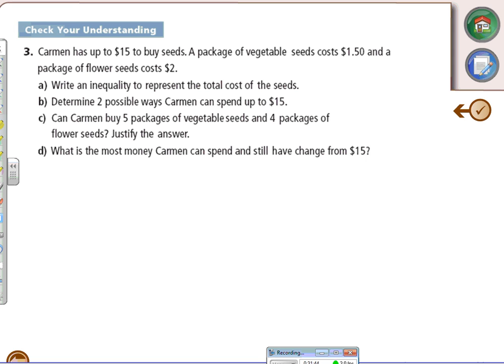A package of vegetable seeds is $1.50. A package of flower seeds, $2. Write an inequality now. So I know my two variables are vegetables. So we're going to say V equals veggie seeds, and F is going to equal flower seeds.